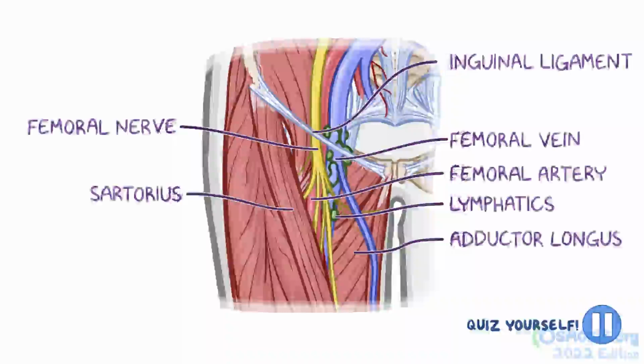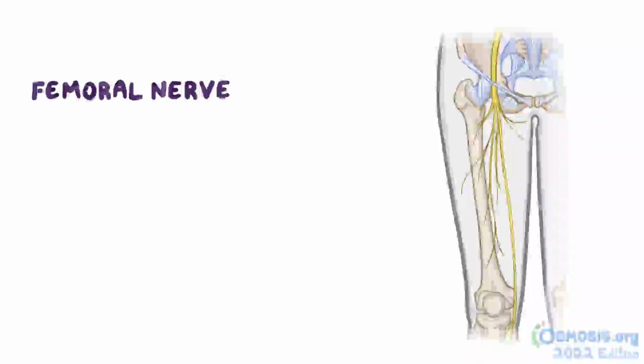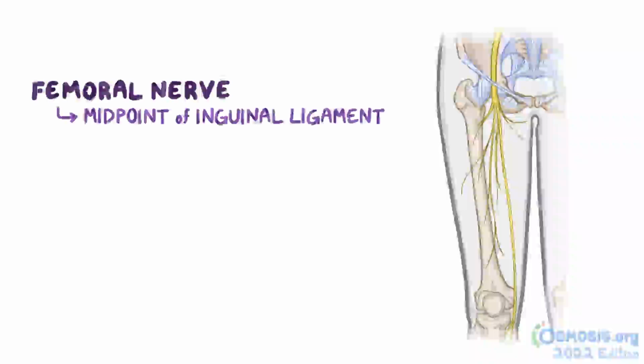Now that we know these particularities, we can talk about the structures within the femoral triangle. First up is the femoral nerve, which enters the thigh deep to an area near the midpoint of the inguinal ligament, which is midway between the anterior superior iliac spine and pubic tubercle, and enters the femoral triangle.